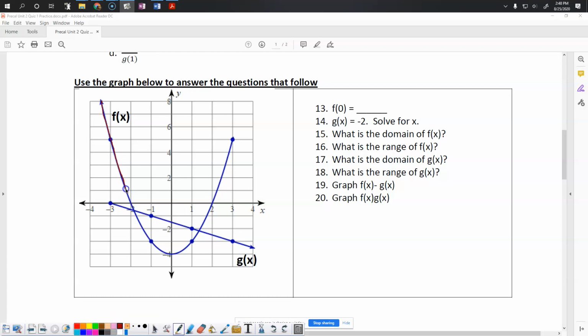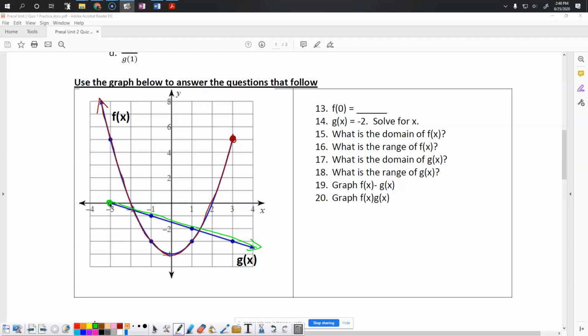So I'm going to make f this red-brown color here. And I'm going to make g this green color right here. I didn't notice that f has an arrow up here, but a dot here. And the g function has an arrow on the right side, dot on the left.